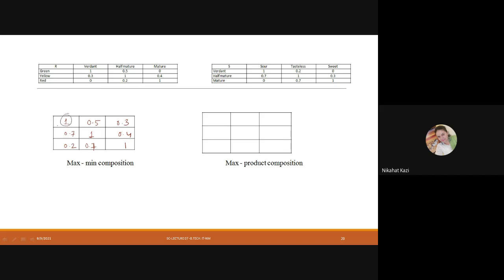Let's say the first value here. While solving, you have to do that as part of your theory answers. Similarly, here you have to take products. So what do you get here? First value.